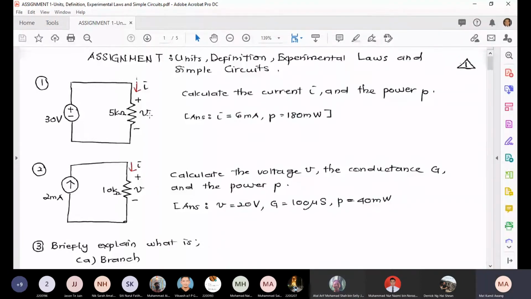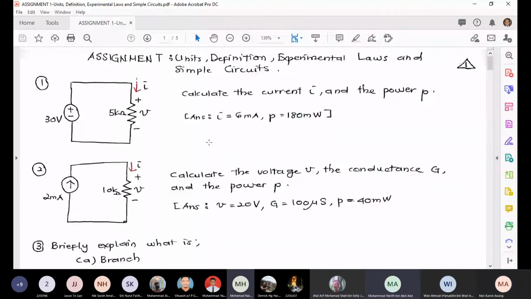So how do you find I? Ohm's law, sir. What does Ohm's law say? V equals IR. Therefore I is equal to V over R. What is the voltage across the resistor? 30 volts.